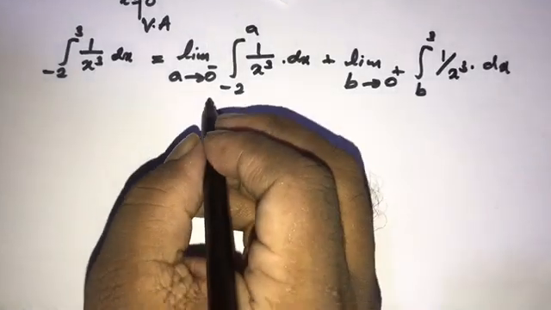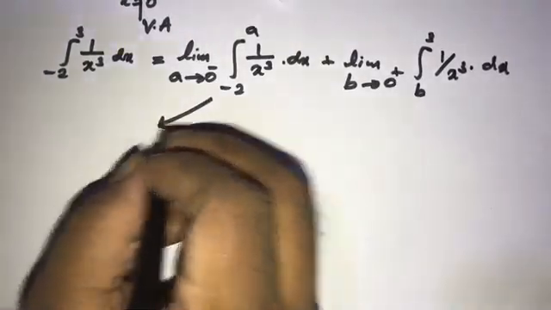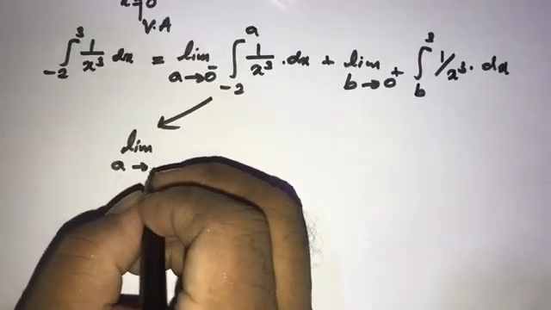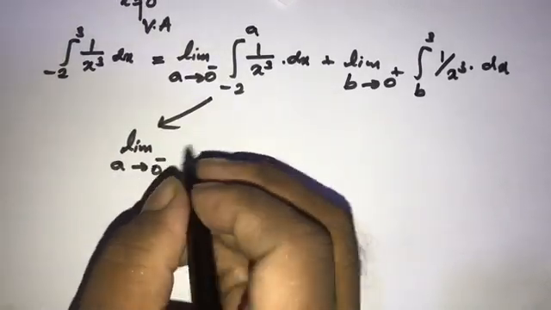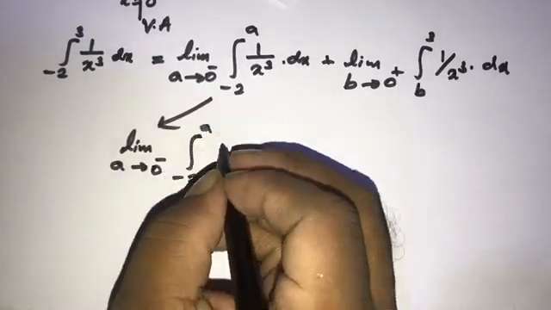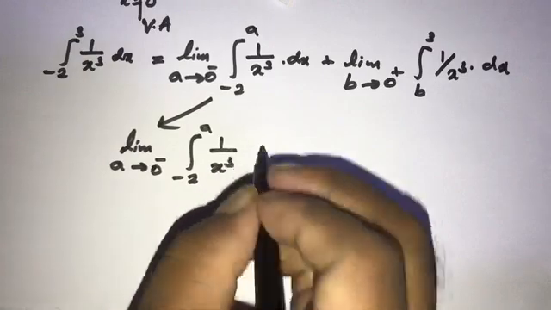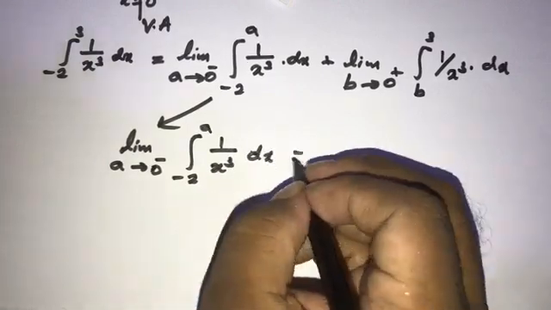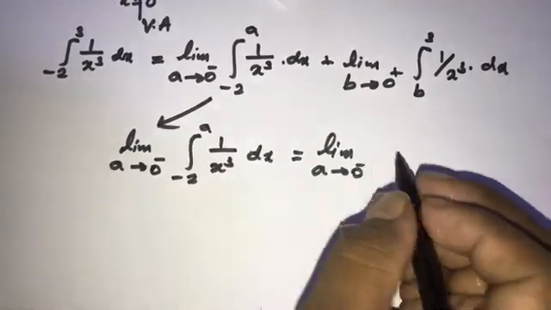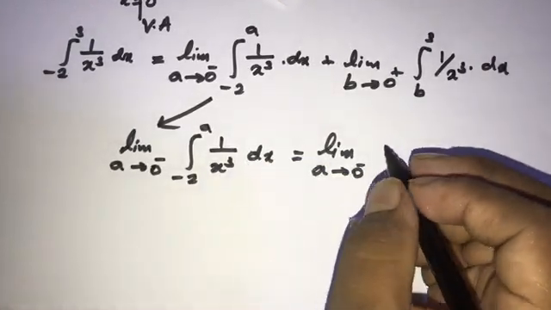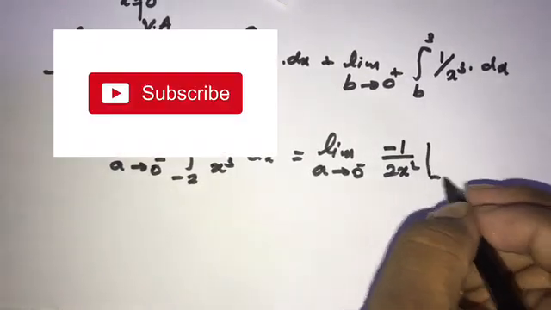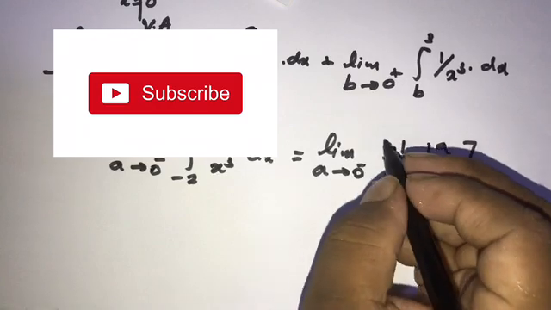Okay, then actually this is a limit problem. So the limit as a approaches 0 from the left of the integral from minus 2 to a of 1 over x to the third power dx is equal to the limit as a approaches 0 from the left, and we know this integral is equal to minus 1 over 2x squared from minus 2 to a.